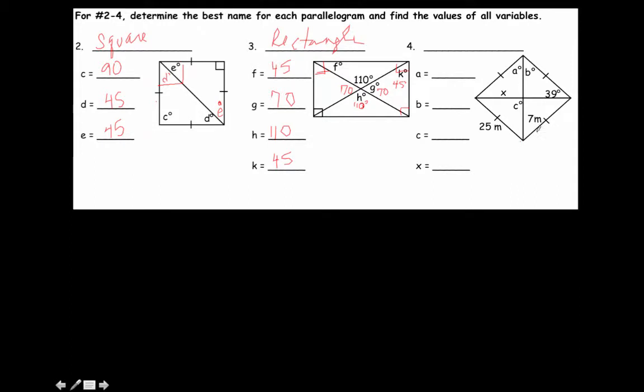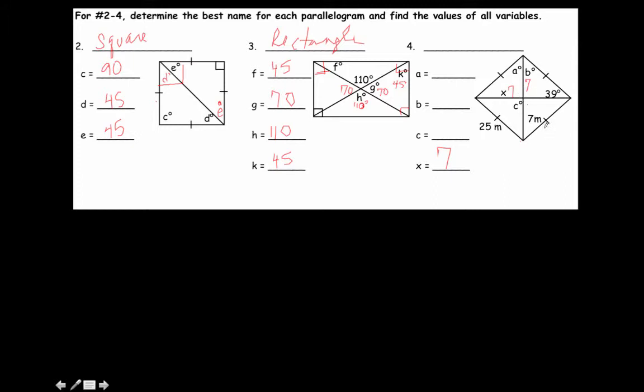This is 25. This is 7. So this is 7. So this is 7.